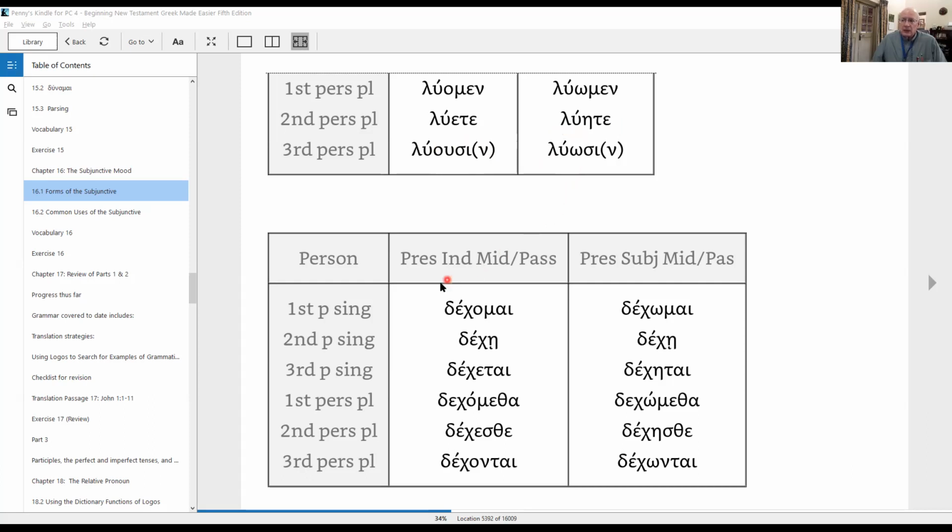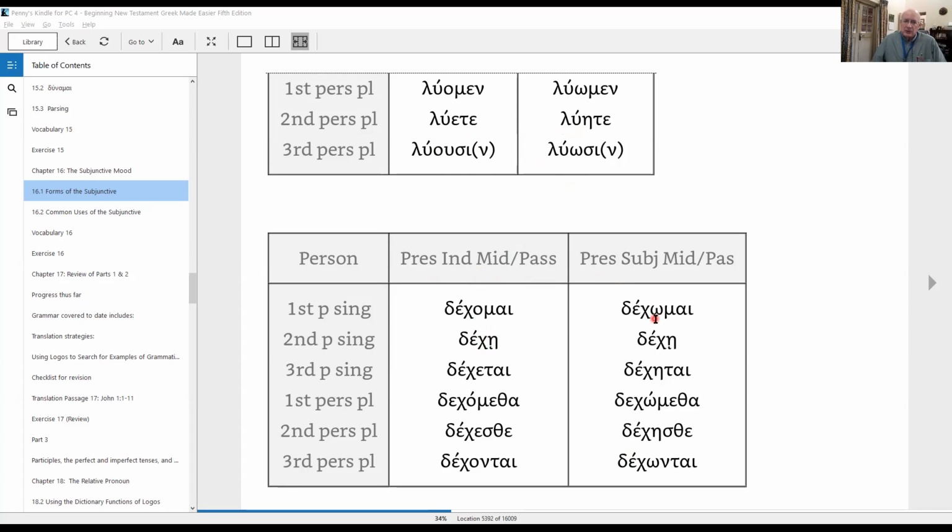We should go ahead, even though it wasn't on your list for this week, and go over the middle and passive forms of the present and the subjunctive, since they are in your textbook so close together. Using the verb dechomai, I welcome. Dechomai, and the subjunctive dechomai.